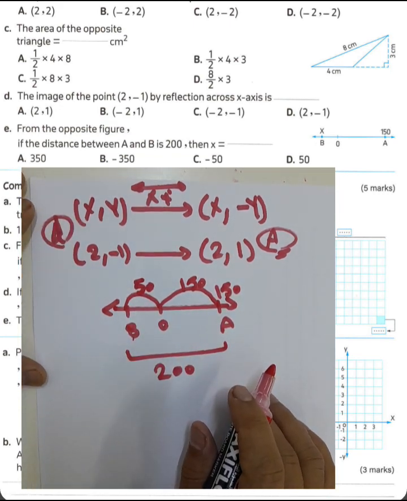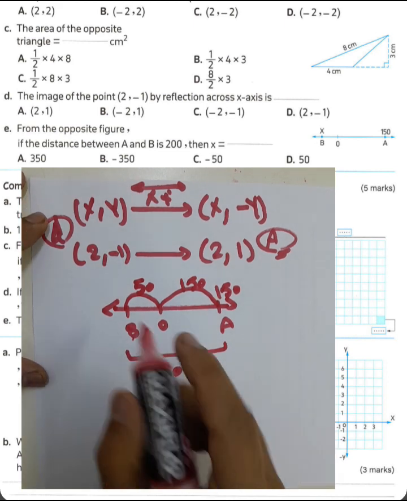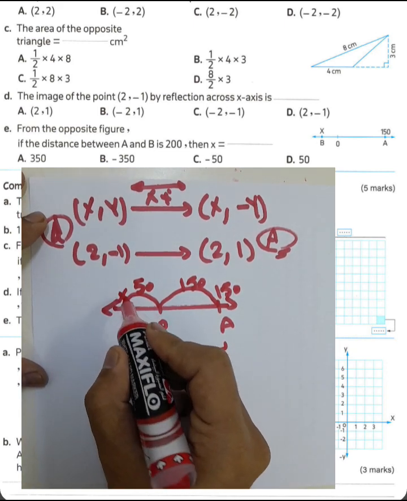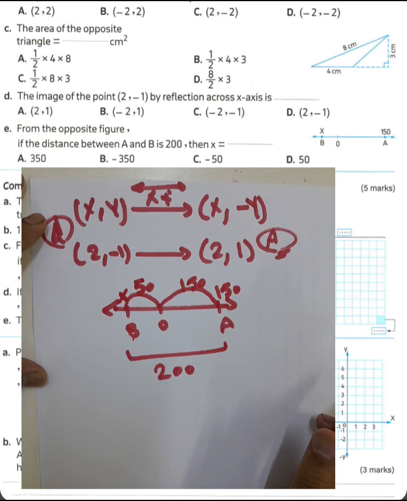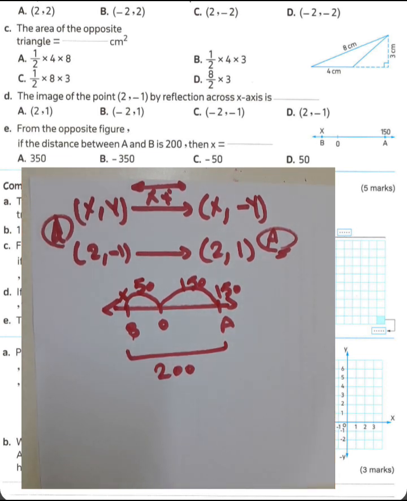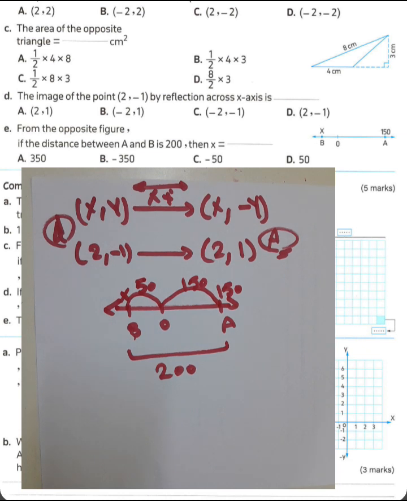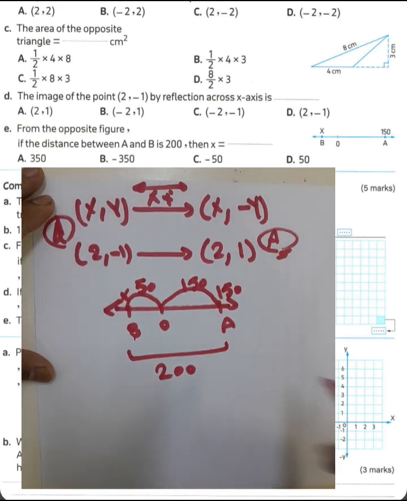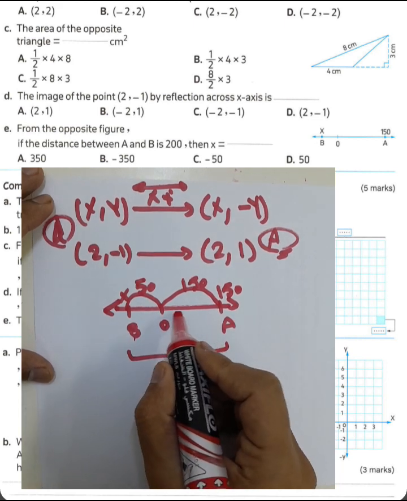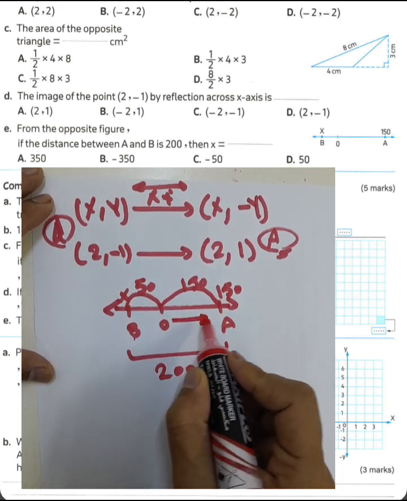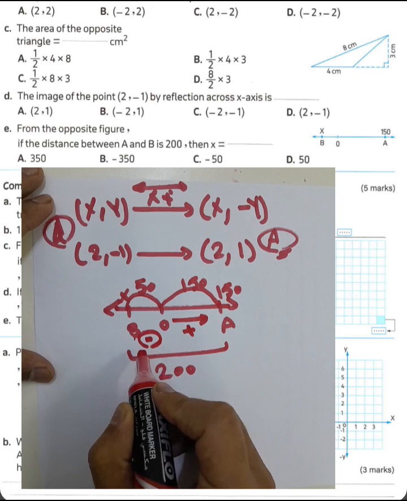Then we want to find the value of x. On the number line, the right-hand side of 0 is positive and the left-hand side is negative.